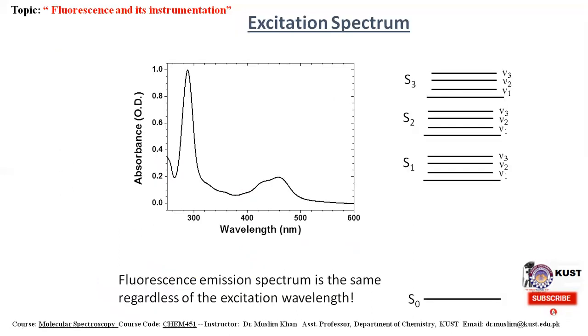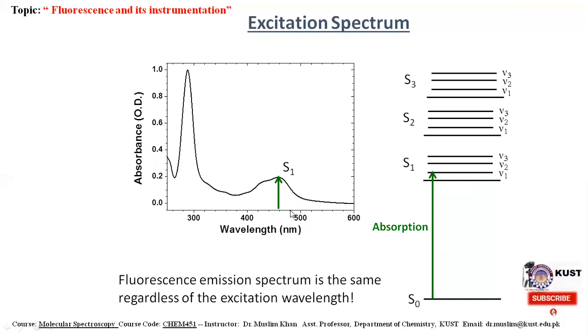So while discussing the excitation spectra, first of all, your sample is absorbing the light. It is going from the singlet ground state to a singlet excited state, S1. These are the different vibrational levels in S1, S2, and S3: V1, V2, and V3.